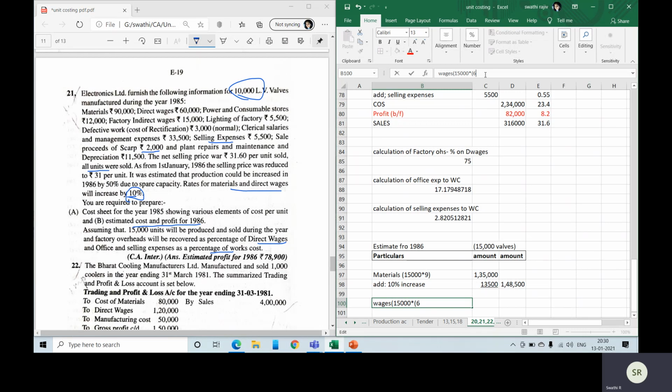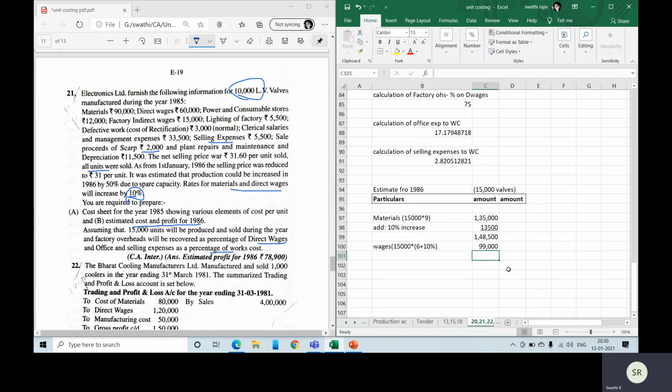Once you do this calculation, you will get the amount as 99,000. So now our prime cost is going to be 99,000 plus 1,48,500. This is going to be our prime cost.